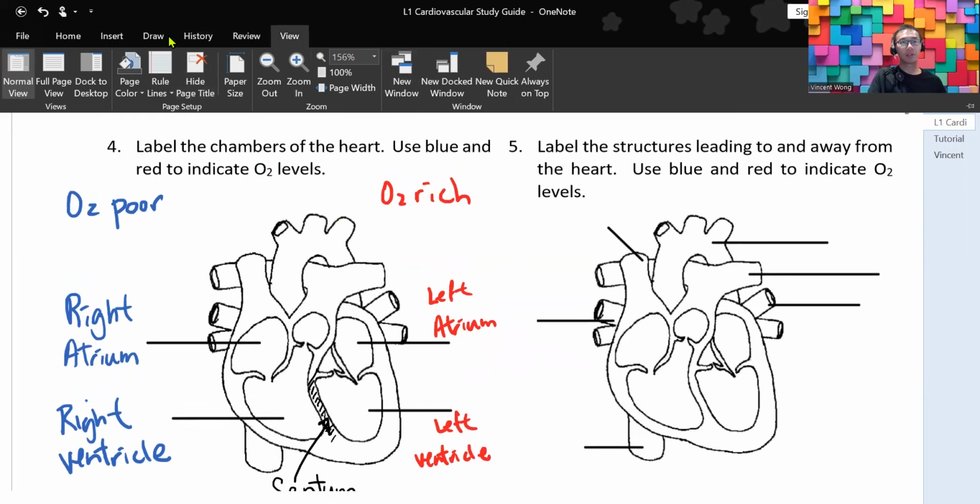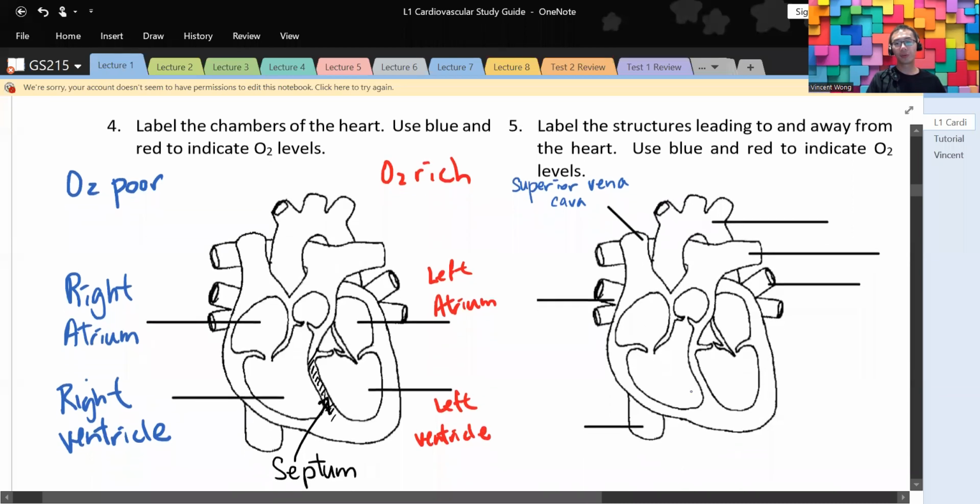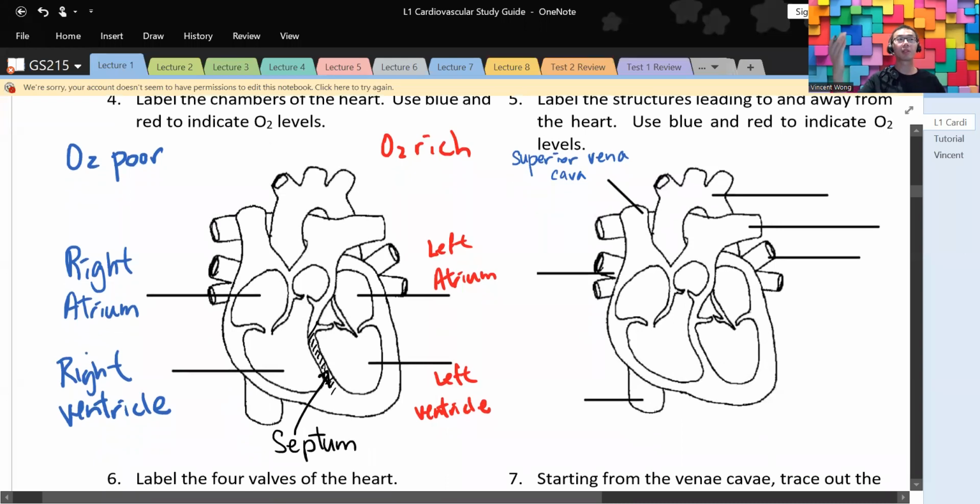That is the superior vena cava, which collects blood from the upper 1/3 of the body. And over here we have the one that's collecting blood from the lower 2/3 of the body. That would be the inferior vena cava.